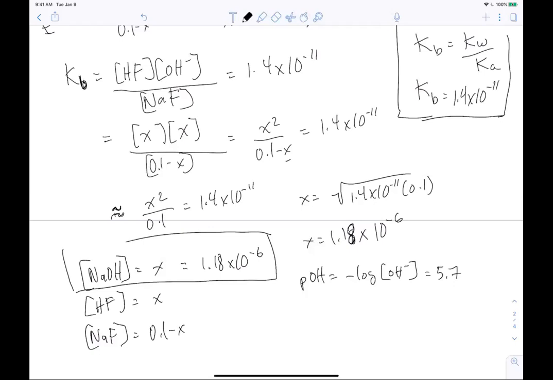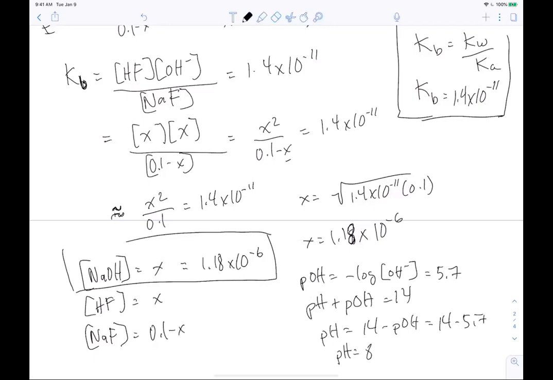Right, 5.7. Yeah, that's right. I'm not used to thinking in pH. So remember that pH plus pOH must equal 14. So I can quickly calculate my pH, which is 14 minus the pOH, which is 14 minus 5.7. I get a pH of 8.3.